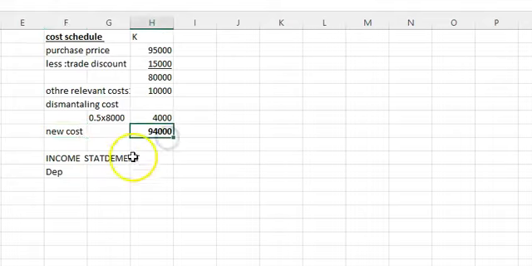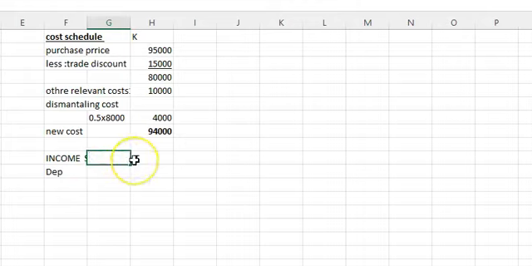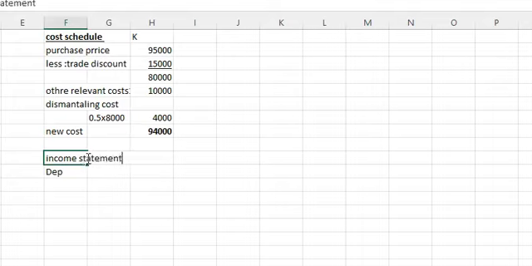So once we have the cost now, we can go ahead and answer the question. So now we have the income statement. Let's do this income statement. Okay.